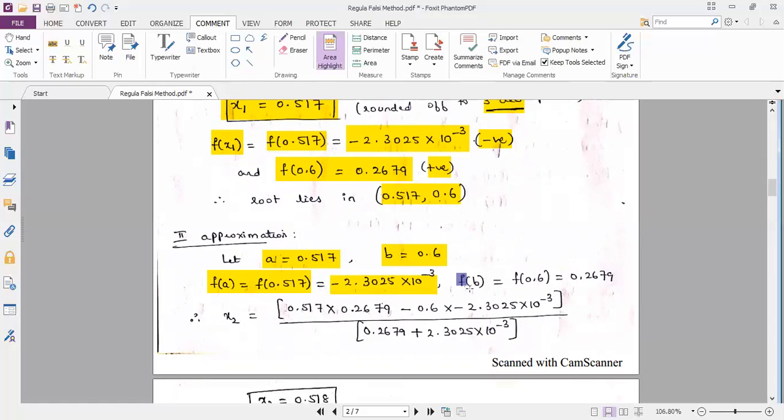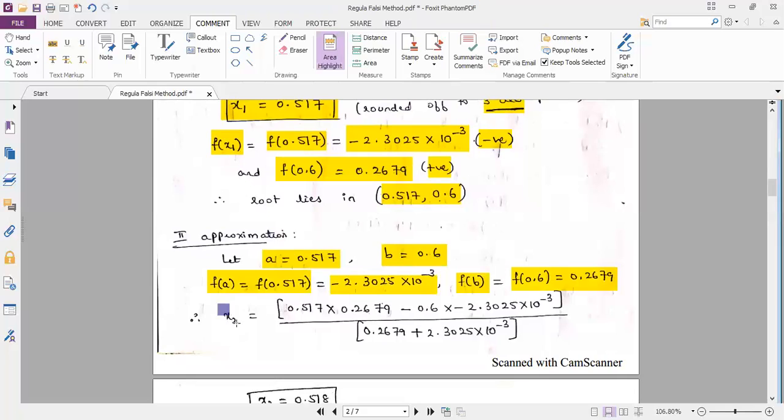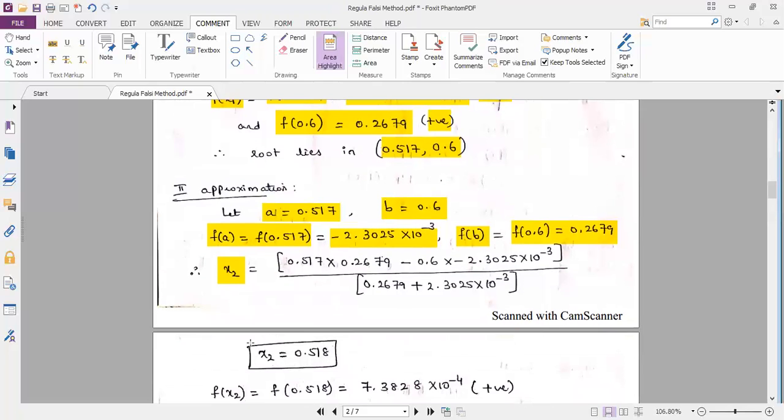And f of b is nothing but f of 0.6, whose value is 0.2679. Now substituting all these constants a, b, f of a and f of b into the regula-falsi formula, the second approximation to 3 decimal places is obtained as x2 is equal to 0.518.